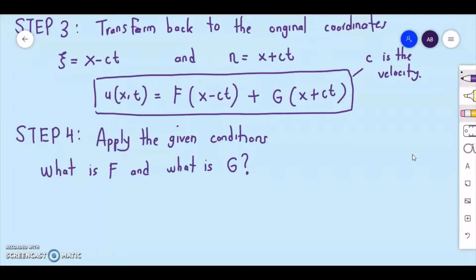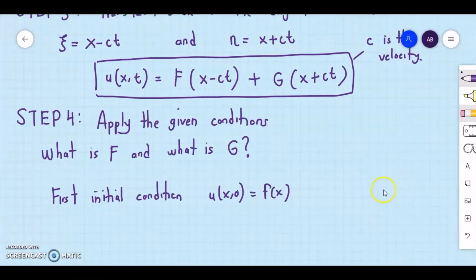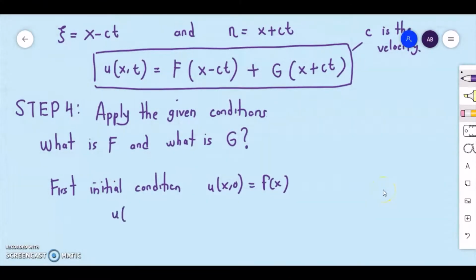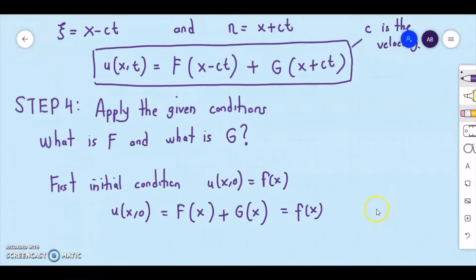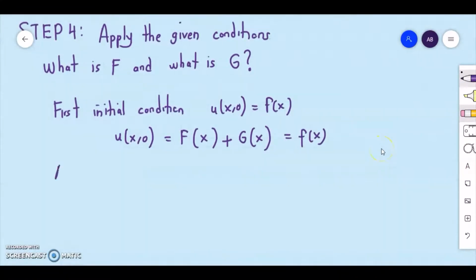First we apply the first initial condition, given as u when time is 0 is f of x. So when time is 0, f of x plus g of x equals the small f of x.